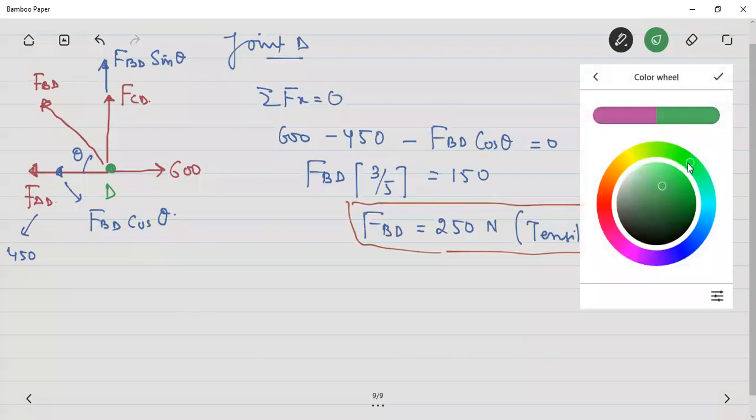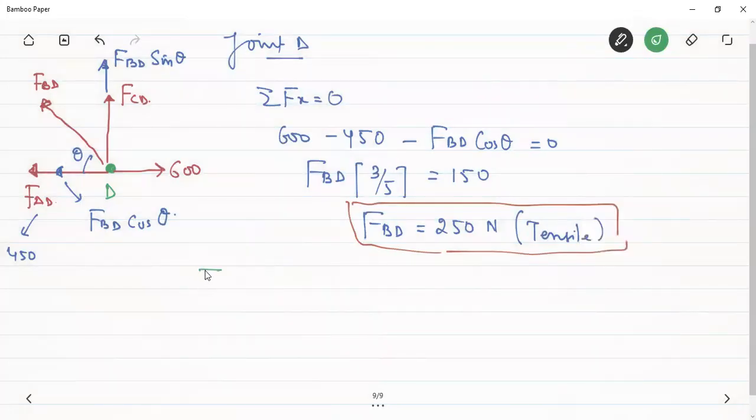Similarly, we can use the equilibrium equation in the y direction. Summation of the forces in the y direction has to be equal to 0. And we can see that in the y direction we have FBD sine theta plus, in the same direction, we have FCD. So this has to be 0.